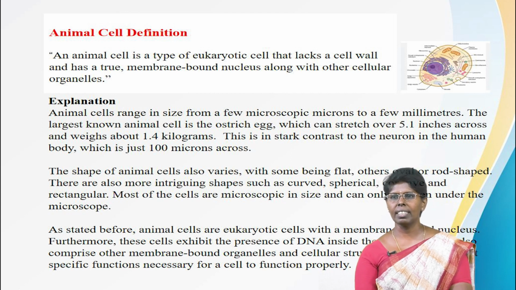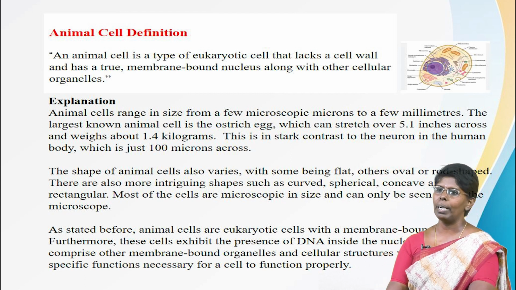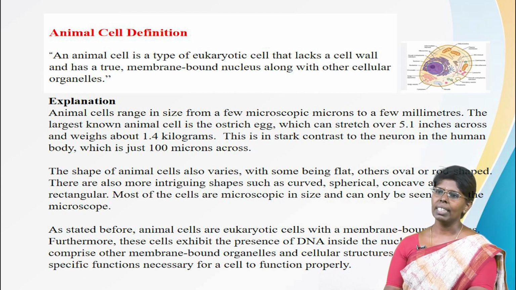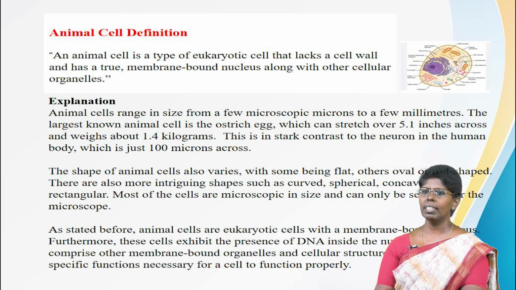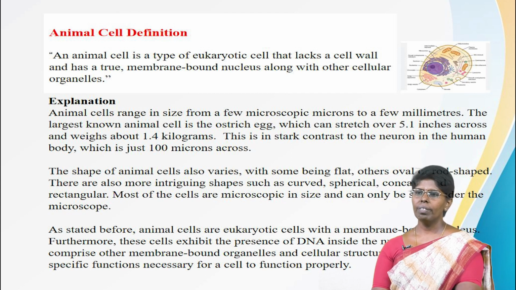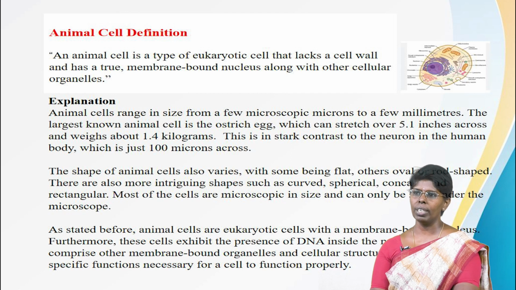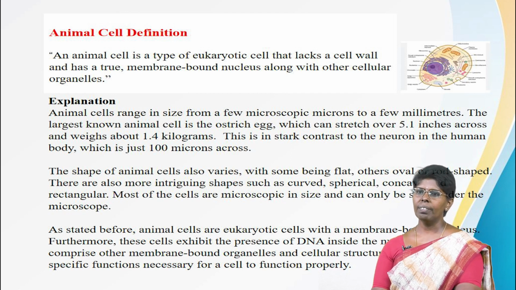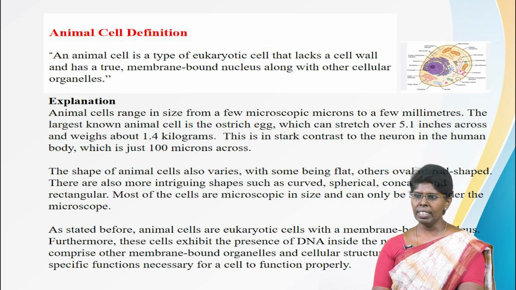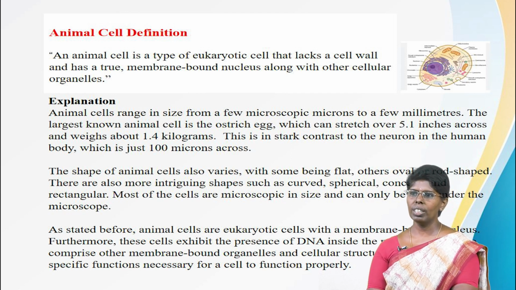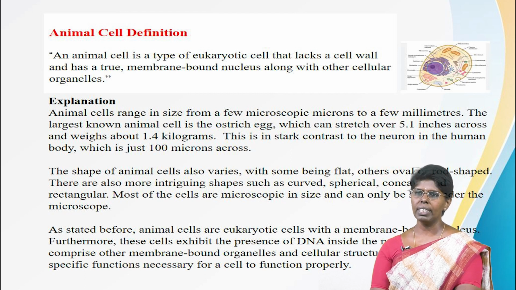Animal cells range in size from a few microscopic microns to a few millimeters. The animal cell diagram is given in these pictures. The largest known animal cell is the ostrich egg, which can stretch over 5.1 inches across and weigh about 1.4 kilograms. This is in stark contrast to neurons in the human body, which are just 100 microns in diameter.